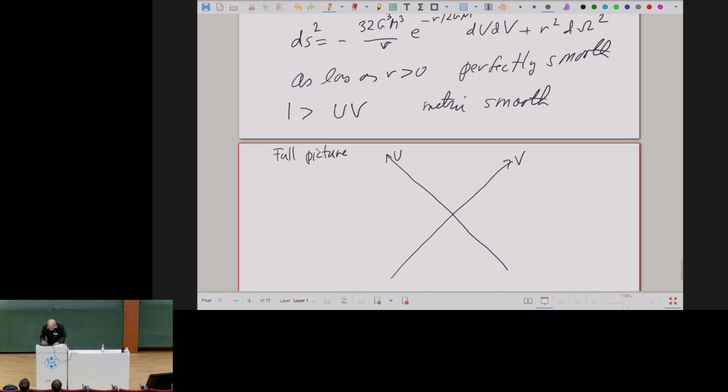And then uv equals 1 is this hyperboloid. uv equals 1 is a two-sided hyperboloid. u and v could be either both positive or both negative. And so the spacetime ends when uv is 1. But it's got two asymptotically flat regions.